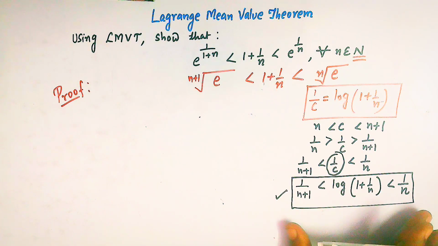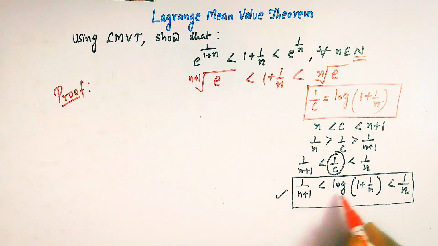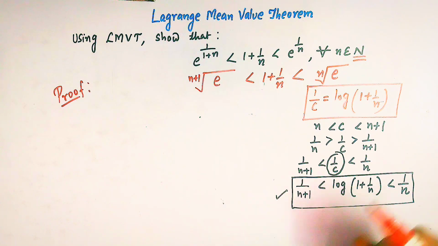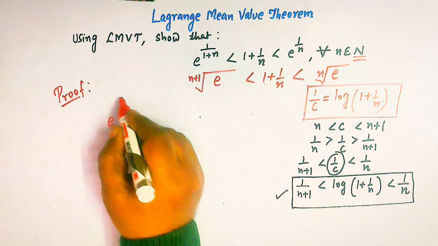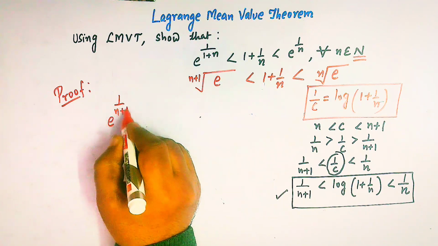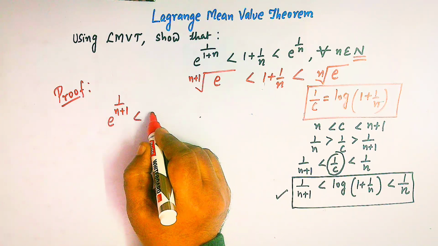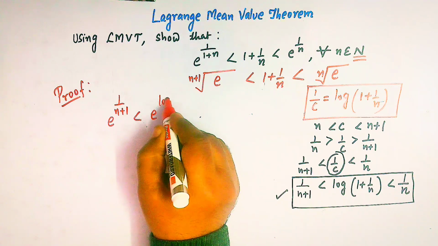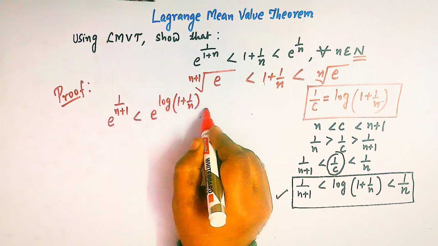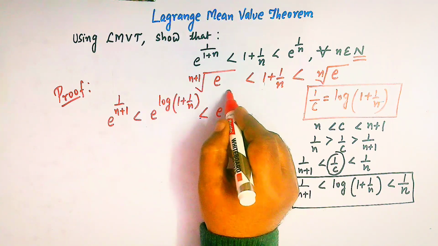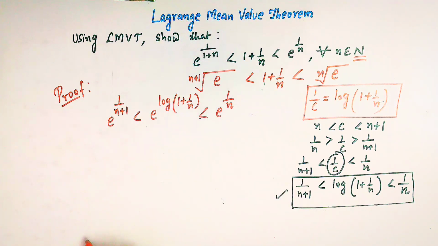So now to move further, let us raise these three quantities to the power of e, right? So we can now write e raised to 1 over n plus 1, and this is less than e raised to log of 1 plus 1 over n, that is less than e raised to 1 over n, right?